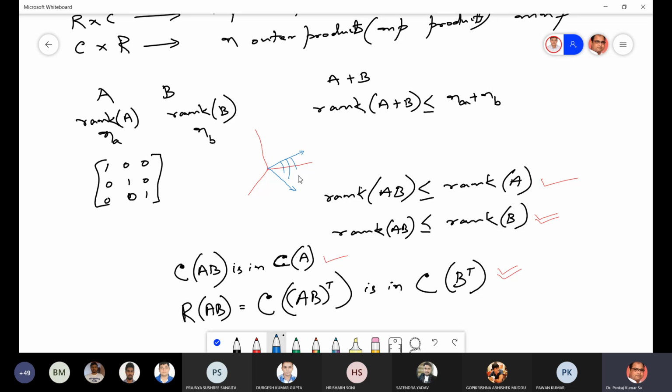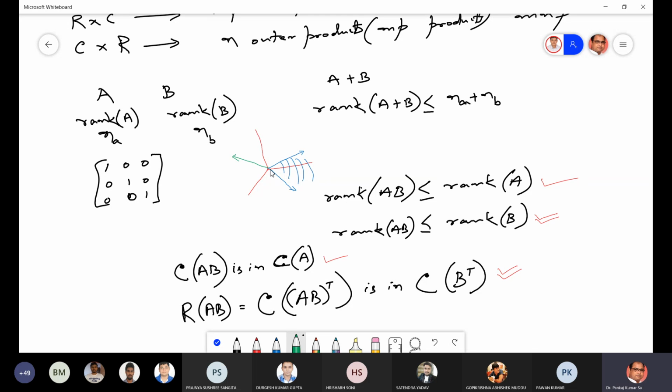This is the column space of matrix A, the column space of independent columns of matrix A. Then let me put it in green. Now you have matrix B, having an independent column. Only one independent column is there.